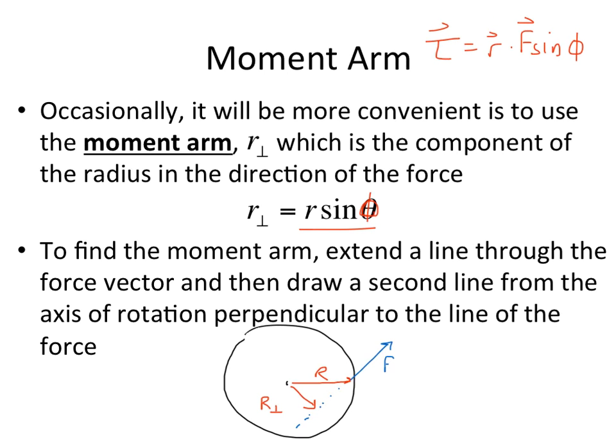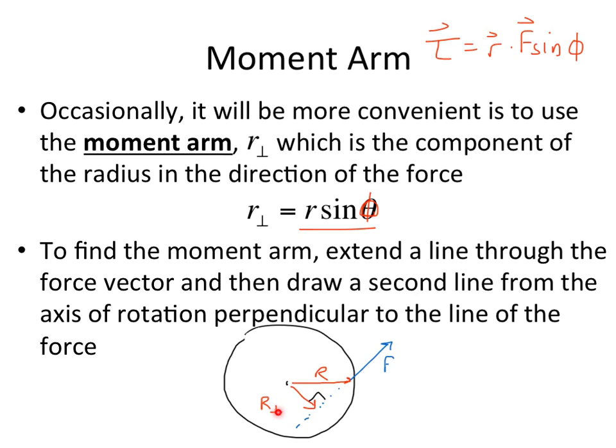So applying this force at an angle that is off of 90 degrees from the radius would just be like saying, all right, we're going to apply the full force at a lesser radius that makes that a 90-degree angle between the two vectors right there. We call this the moment arm, or you could call it the perpendicular radius.